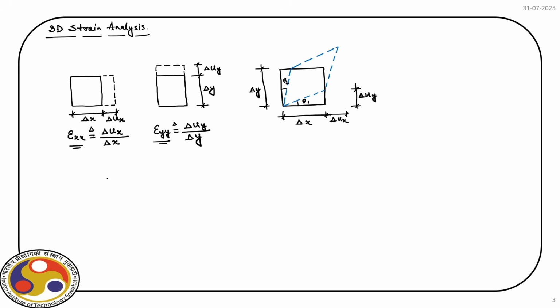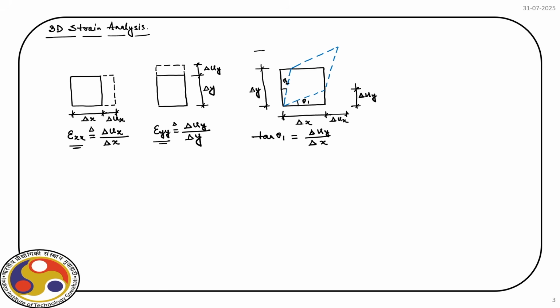So, now we can express say tan of theta 1 is equal to what? We can write delta u y divided by delta x.